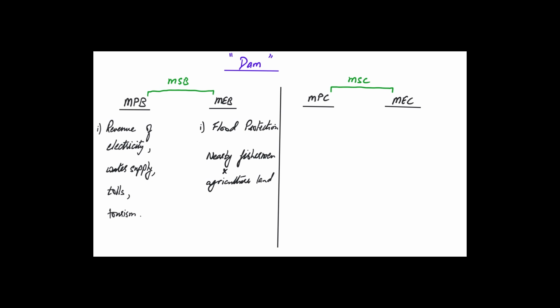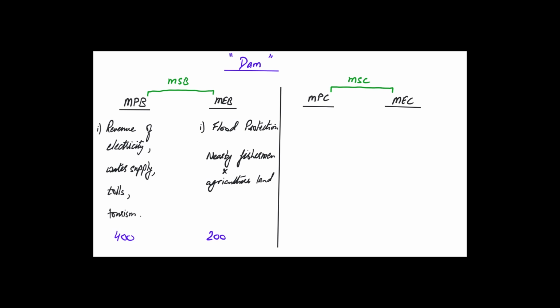So let's say the marginal private benefit I place on it is 400, and the external benefit I place on it is 200.